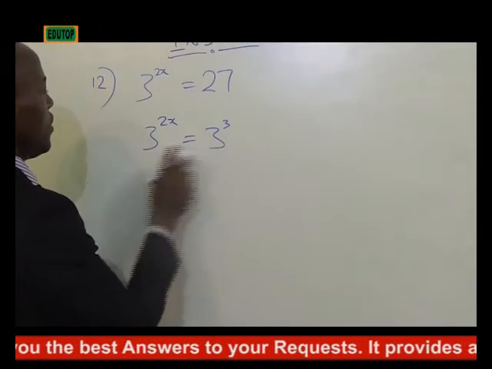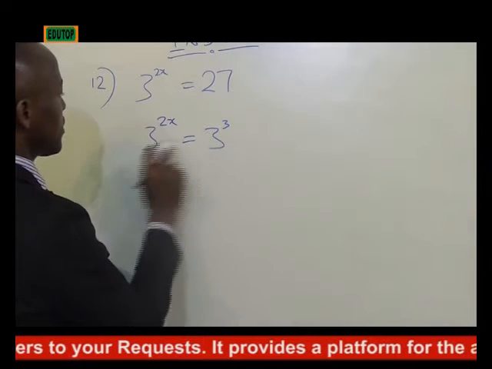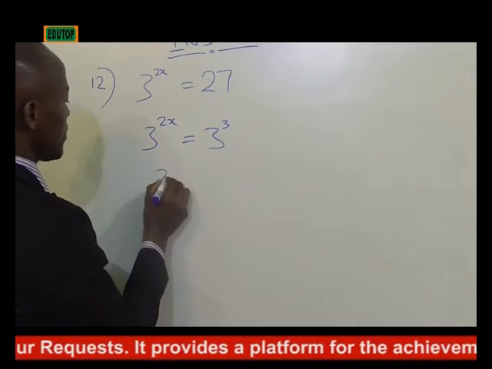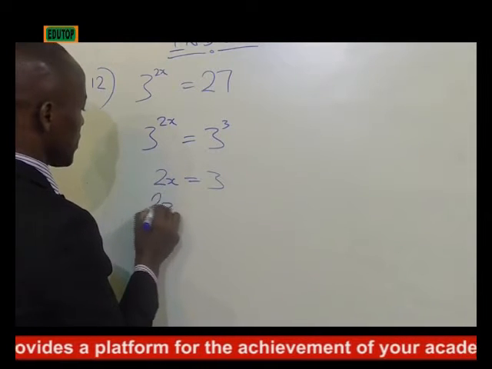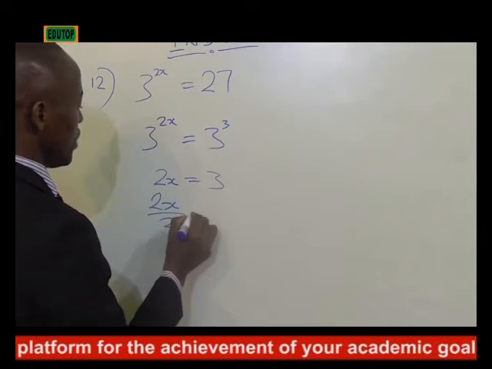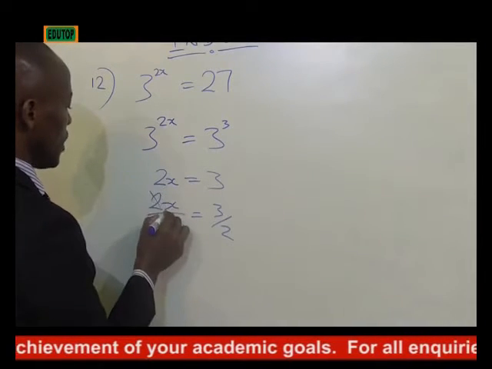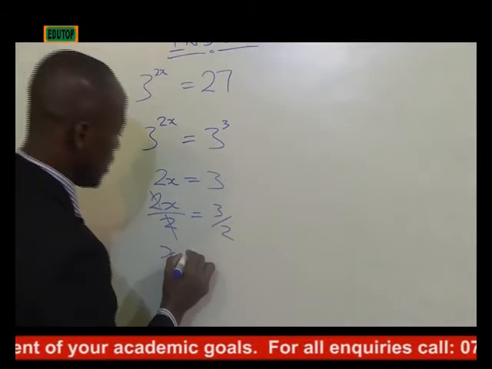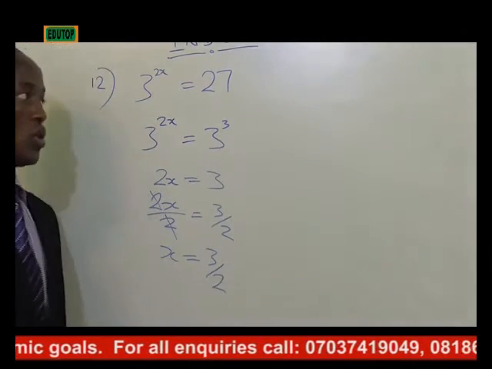So we'll just discard this base 3, and we'll now be having 2x is equal to 3. 2x divided by 2 is equal to 3 divided by 2. This 2 will cancel out, so we'll be having x is equal to 3 over 2.